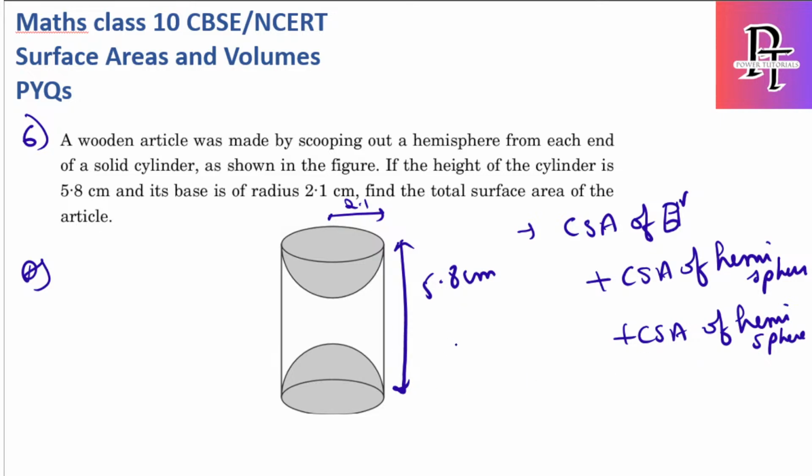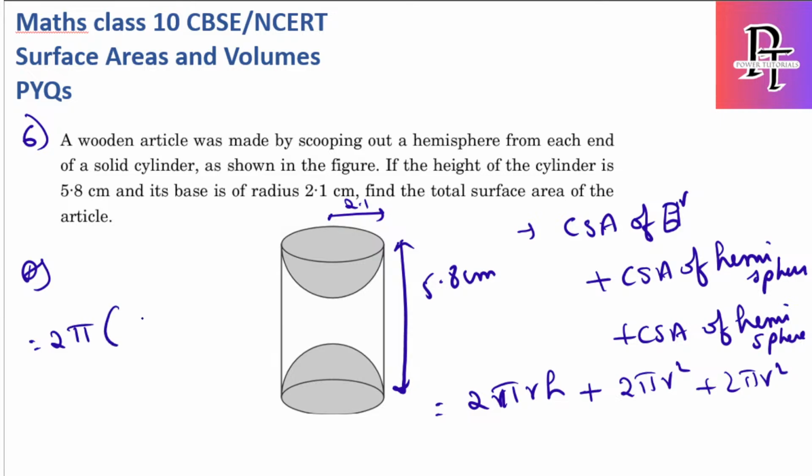So what is the CSA of the cylinder formula? It is 2 pi r h. I think this is for 3 marks, not 5 marks. So 2 pi r h plus the CSA of a hemisphere, which is 2 pi r square, and again the hemisphere, 2 pi r square. Just substitute the values. I will take 2 pi r as common, so it becomes h plus r, to make the calculation easy.